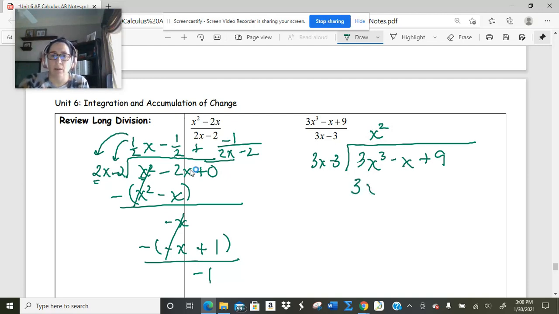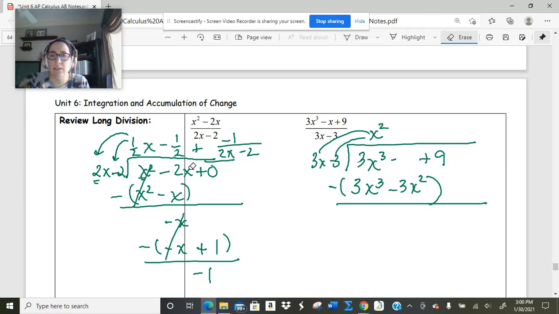So I'm going to put 3x cubed, I've got to take it to both, so make sure we distribute, minus 3x squared, and then I subtract. And this is why some people like to put that you didn't have any x squares and then bring out that minus x plus 9 so that it's easier to line everything up.